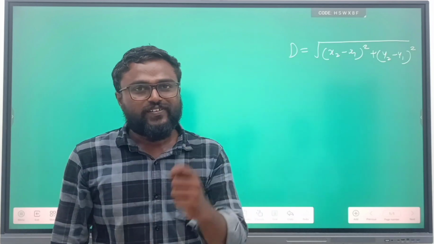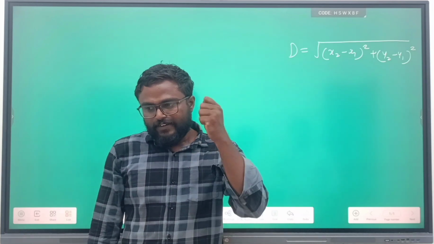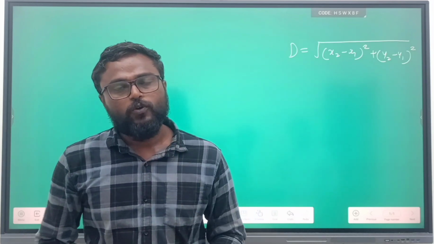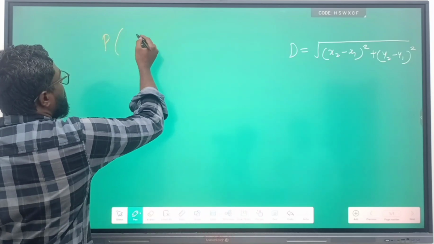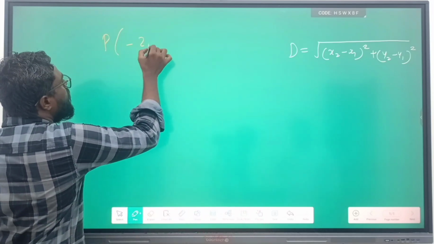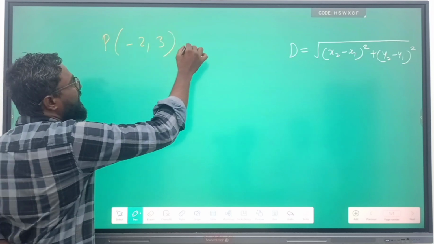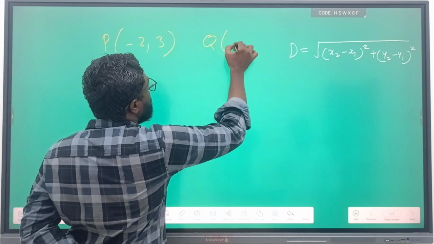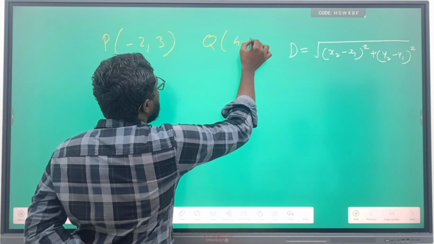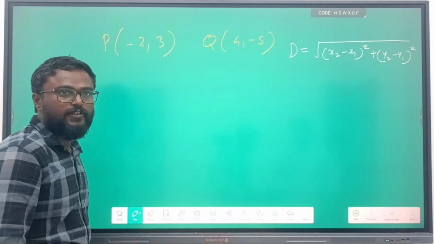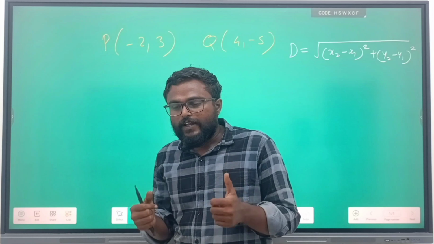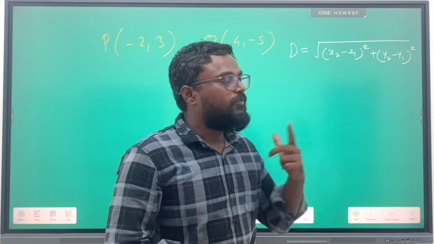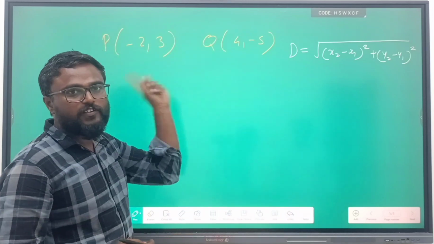The question says find the distance between two coordinate points, P with coordinates negative 2 comma 3, and Q, which is 4 comma negative 5. Let's find the distance PQ.